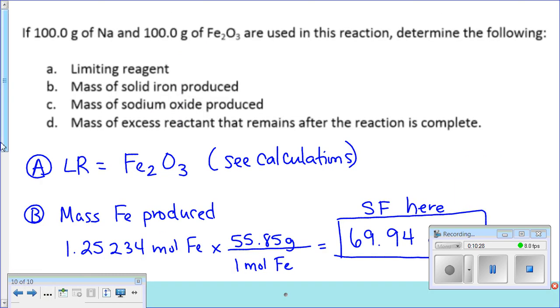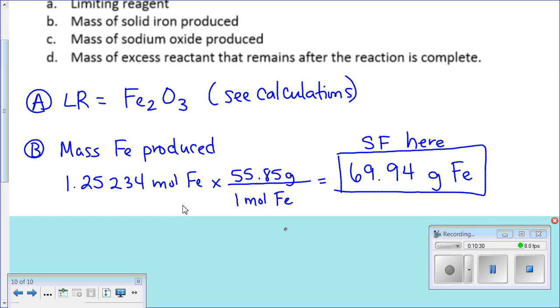So I want to convert those moles of iron into grams of iron. So I need to multiply my moles of iron times the molar mass. And right here, where you start actually giving numerical answers, that's where you're going to report sig figs. Okay, so I need 4 sig figs since I had 4 to start with in the problem. So I can make 69.94 grams of iron.